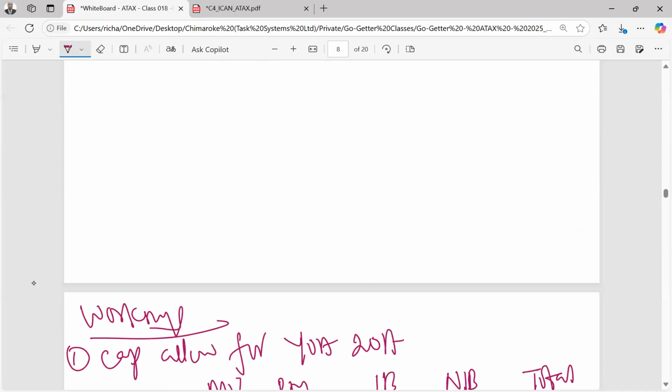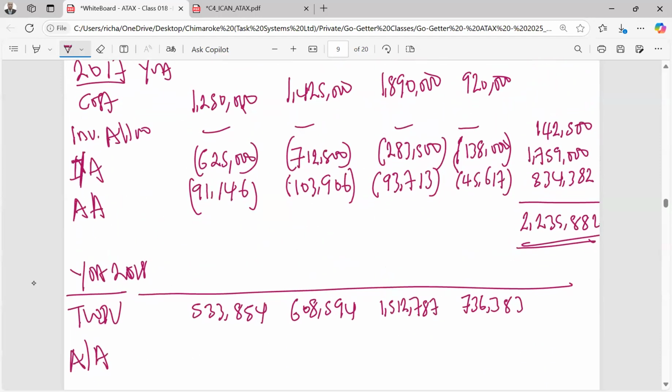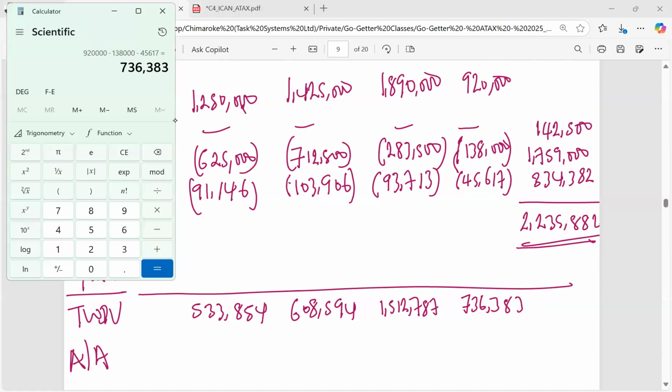So we'll come back here and we'll calculate our capital allowance again. How we calculated before, we said we have 1,250,000, which was cost, and we minus initial allowance 625,000, and we got 625,000.